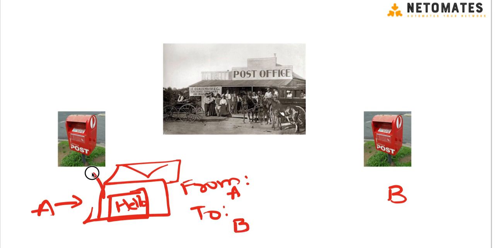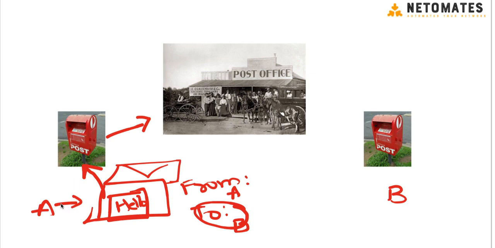He will take this letter, go to the nearest post office and drop his letter there. Then the responsibility of the post office staff is to look at the two addresses, and they will forward this letter to the next post office in the direction of B. Like this there will be two or three or multiple post offices connecting two cities.